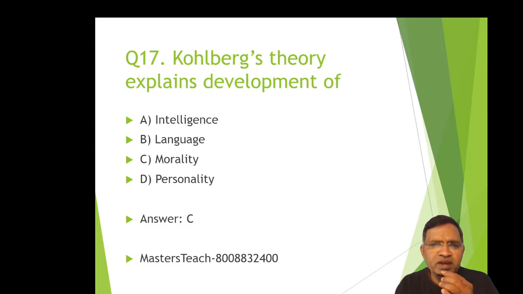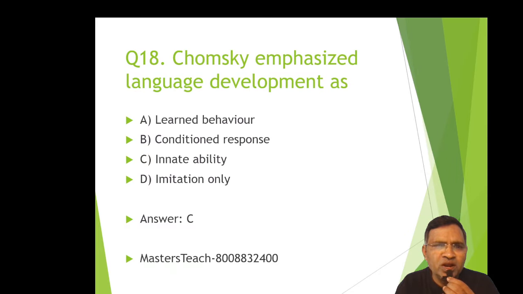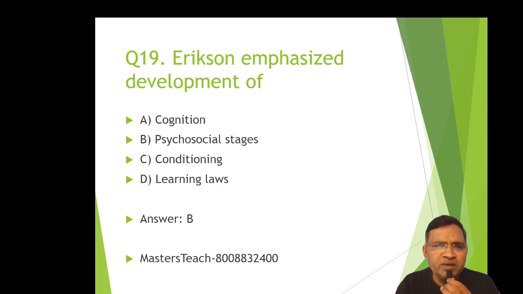Kohlberg's theory explained development of A, intelligence, B, language, C, morality, D, personality. The answer is C, morality. Chomsky emphasized language development as A, learned behavior, B, conditioned response, C, innate ability, D, imitation only. The answer is C, innate ability.